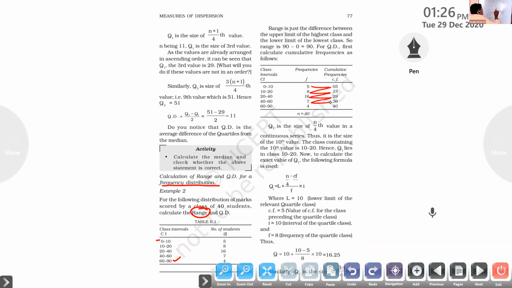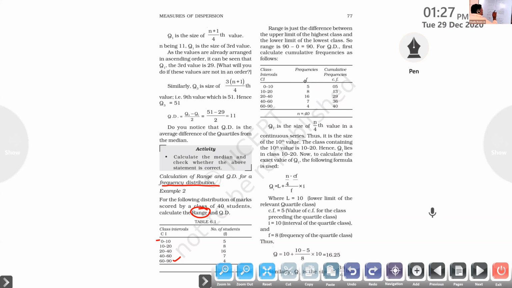The last one, 60 to 90, is 36 plus 4, the answer is 40. So N is 40. Adding all the frequencies together also gives 40, right?